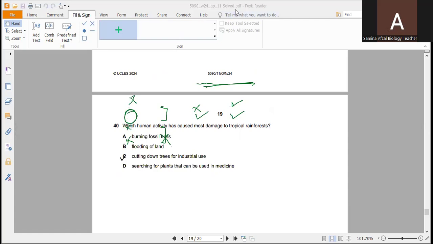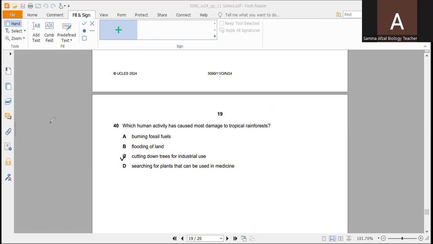The last question, 40: which human activity has caused the most damage to tropical forests? Here they have given us four options: burning fossil fuels, flooding of land, cutting down trees for industrial use, and searching for plants that can be used in medicine.